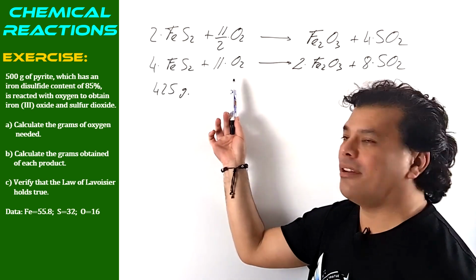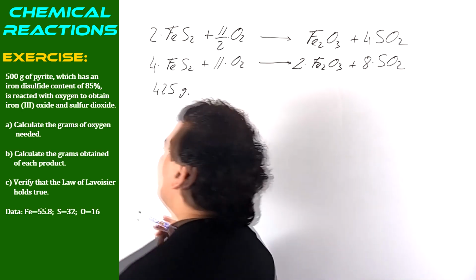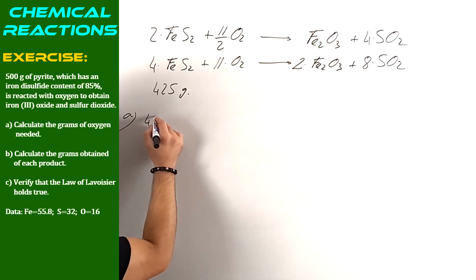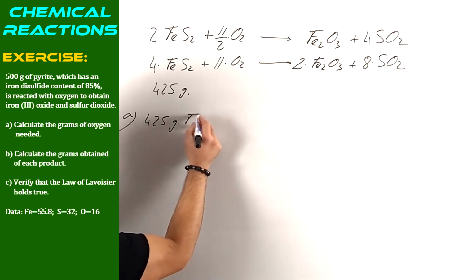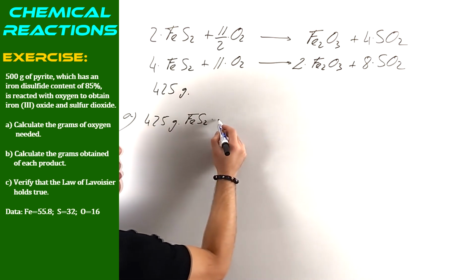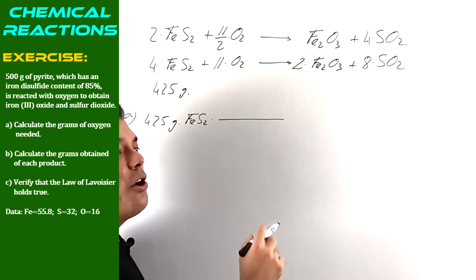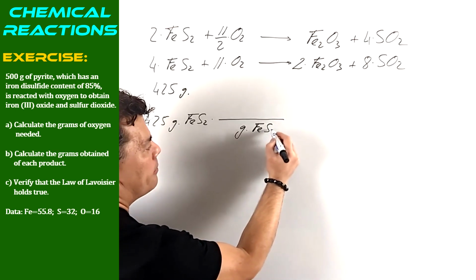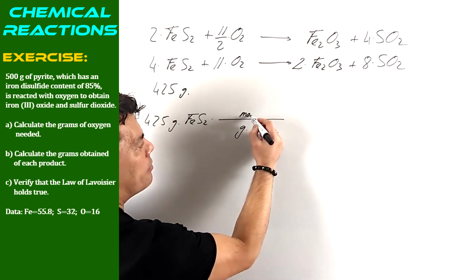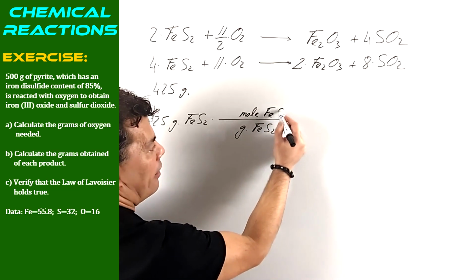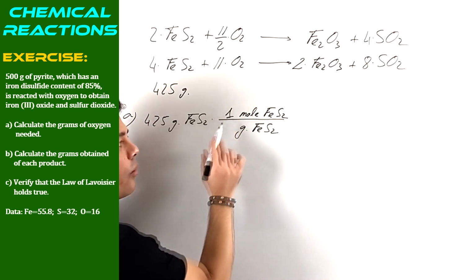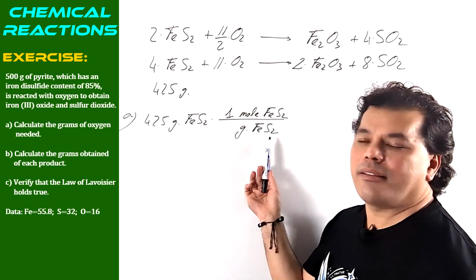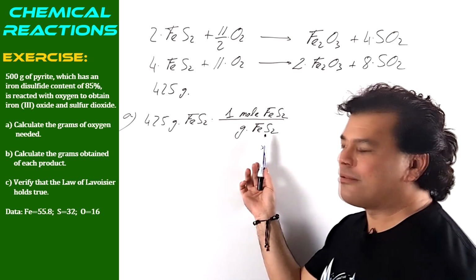So we are doing just the typical conversion factors. 425 grams of iron disulfide. And there comes the first conversion factor, which helps us to change from grams of iron disulfide in order to move into moles of iron disulfide. And I tell you that using 1 mole will be enough to do this calculation. Now it's time to add the atomic masses of these atoms.